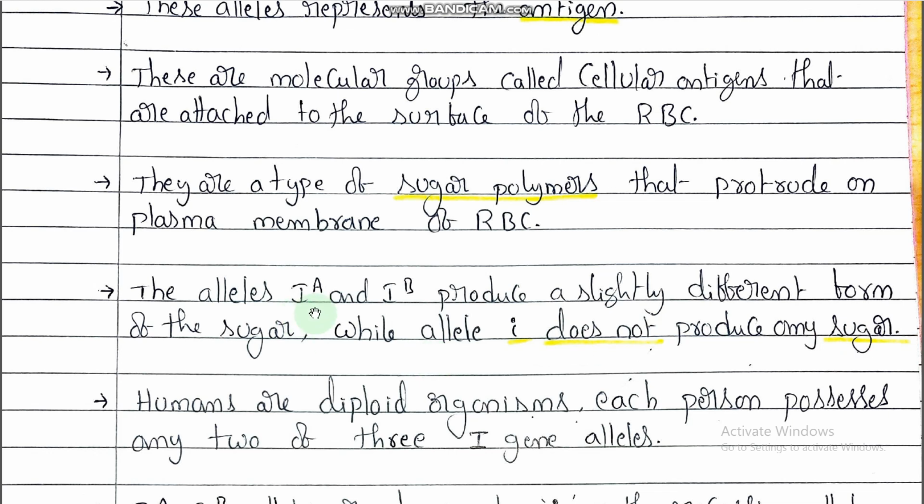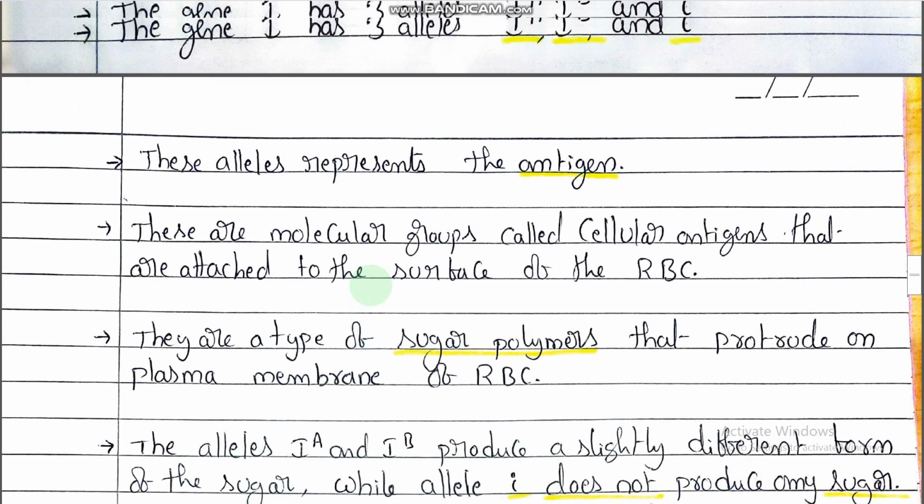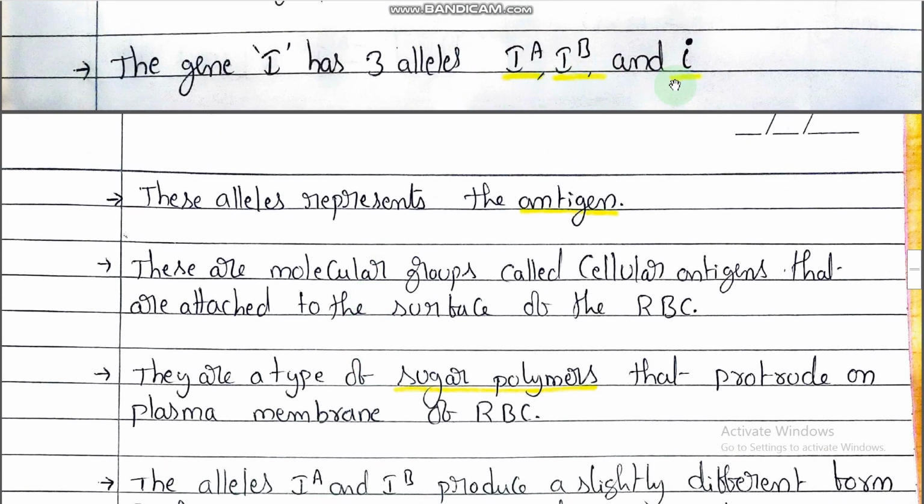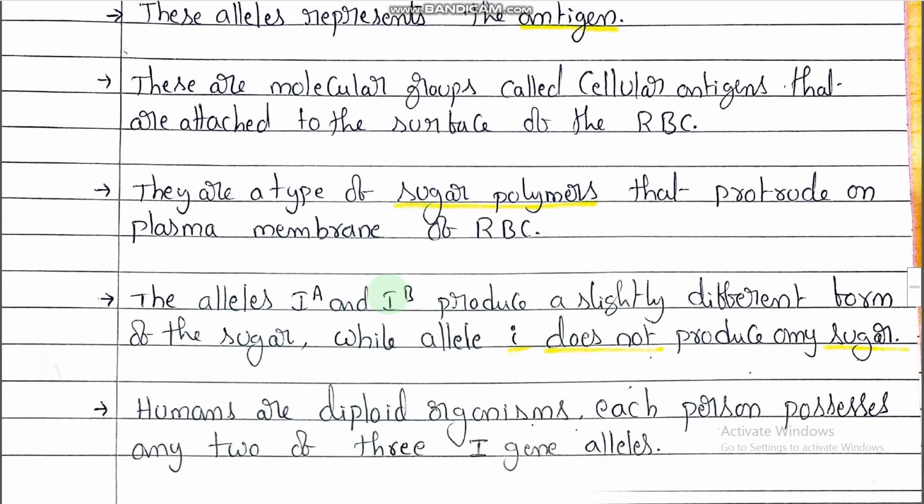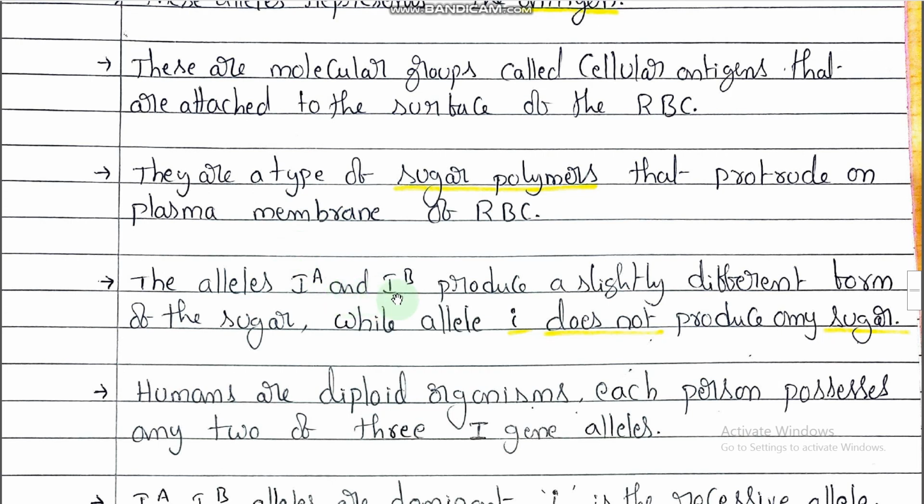This point you need to remember very carefully. How many alleles did we discuss here? There are 3 different types of alleles: IA, IB, and i, right?